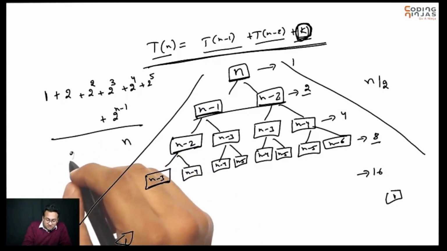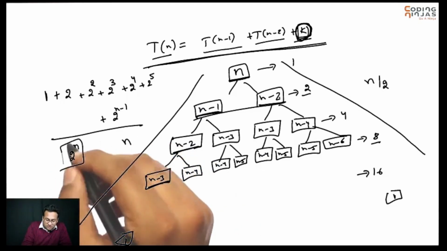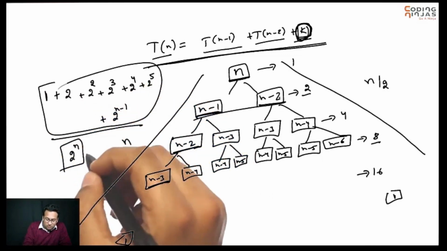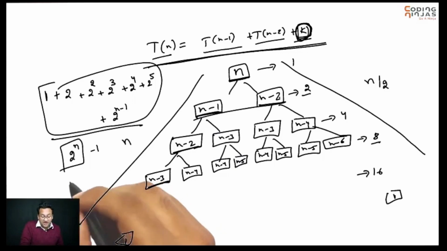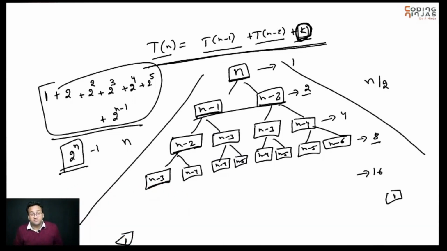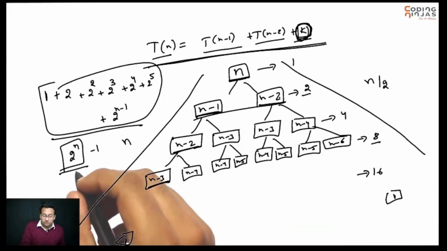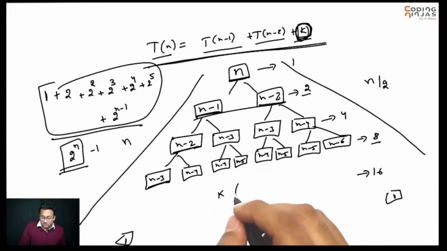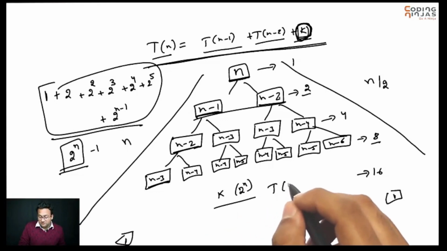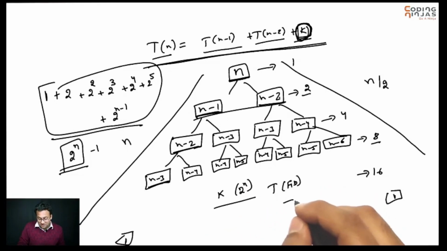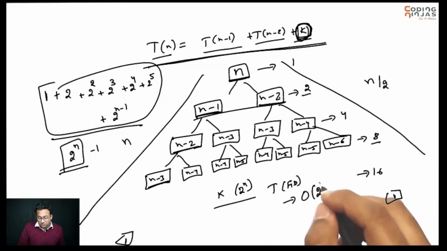This means the sum of these terms is 2 to the power n minus 1. Seems like you will have exponential number of function calls. Each function is doing constant work, so you're doing this much work. So the time complexity of Fibonacci recursion is big O of 2 to the power n.